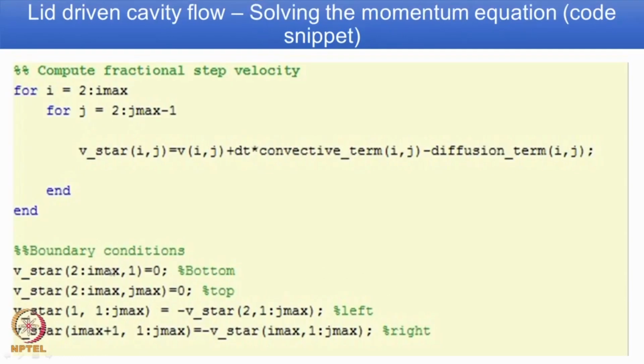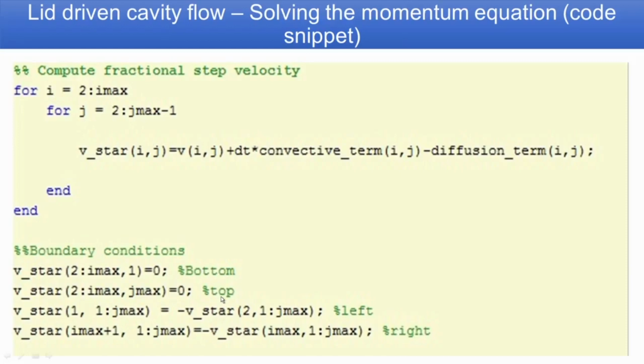So, the boundary conditions are: V star in the i direction from 2 to i max and j equal to 1 is equal to 0. This is for the bottom wall. Again, V star for i from 2 to i max and j max equal to 0. This is for the top wall.